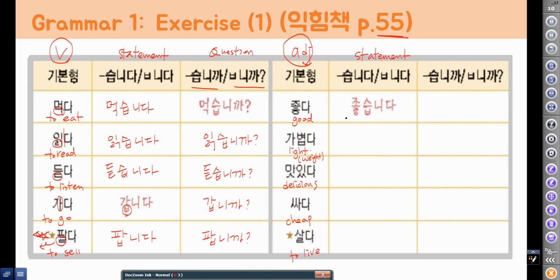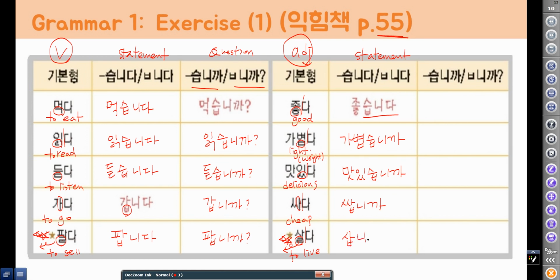So, 좋다. 좋습니까? 가볍다, ends in consonant. 가볍습니까? 맛있다, ends in consonant. 맛있습니까? 싸다, ends in vowel. 쌉니까? And 살다. Also ㄹ irregular. 살다, ㄹ drops, and then you add 비읍니다.